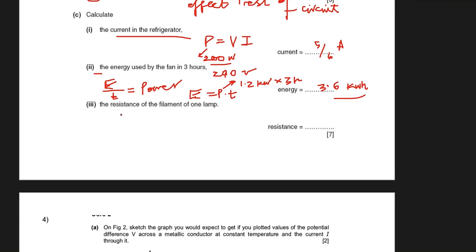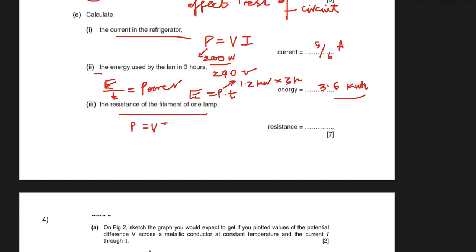Now the resistance of the filament of one lamp. This part of the question is a little bit tricky, because we might know a formula like P is equal to VI, but in this case current is unknown.